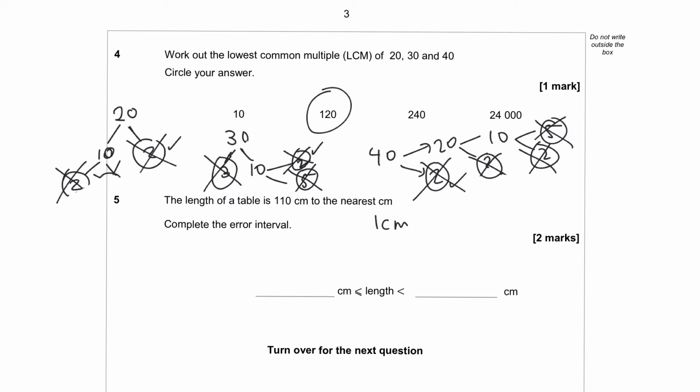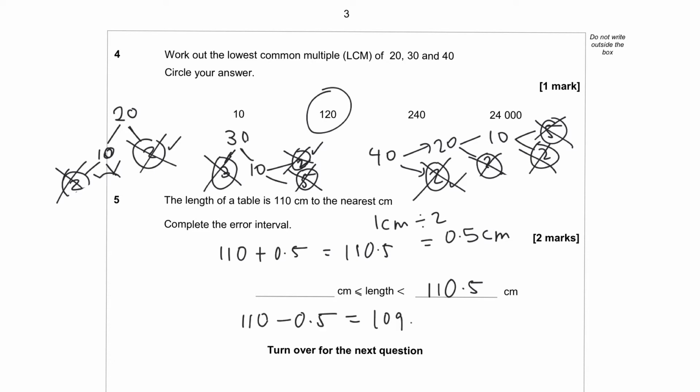So half of 1 centimeter, so divided by 2, is 0.5 centimeters. So then now my error interval is going to be 110 plus 0.5 to give my highest value, which would be 110.5. And then the lower end of my error interval would be 110 minus 0.5, which would be 109.5.